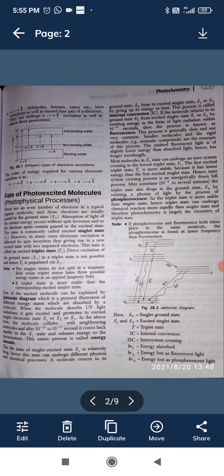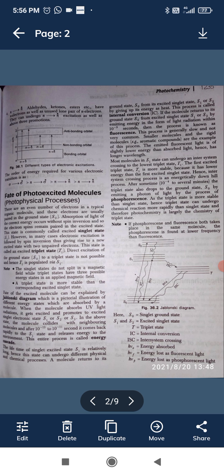When we come to the organic molecule, there is an even number of electrons in a typical organic molecule, and these electrons are usually paired in the ground state, and this ground state we represent as S0, that is a singlet state. So now instead of ground state we go on speaking of singlet state.